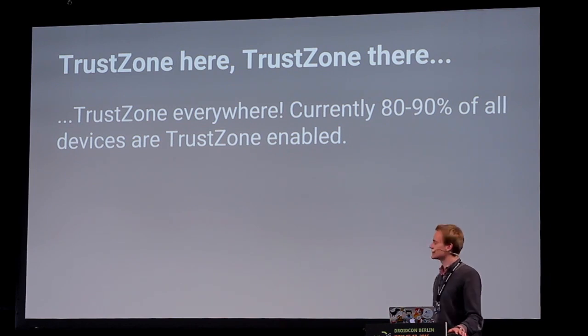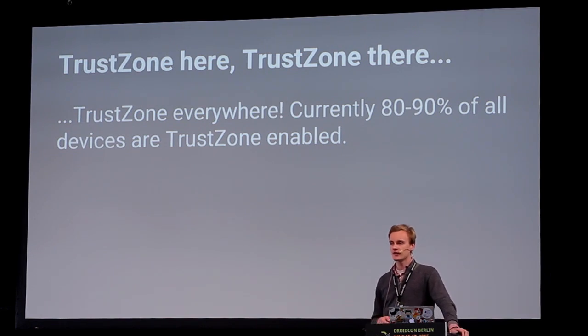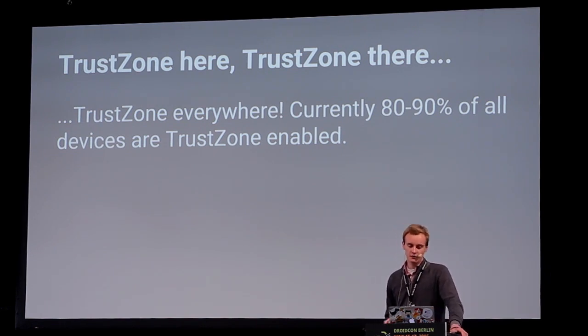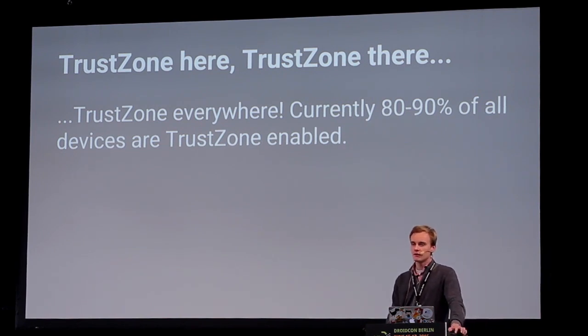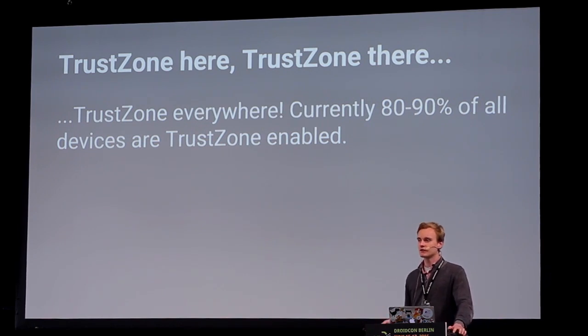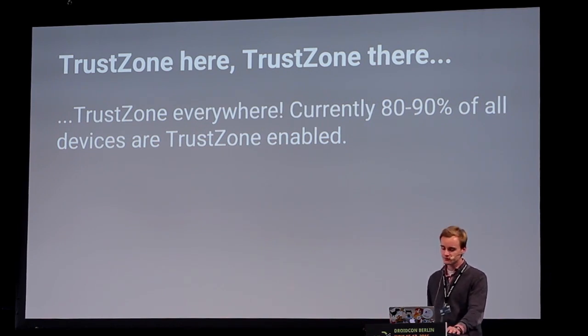They call it TrustZone. It's currently used for digital rights management to play this kind of media. And the cool thing is that 80 to 90% already have this kind of chip, or in this case, I think it's just a different privilege level in the CPU.